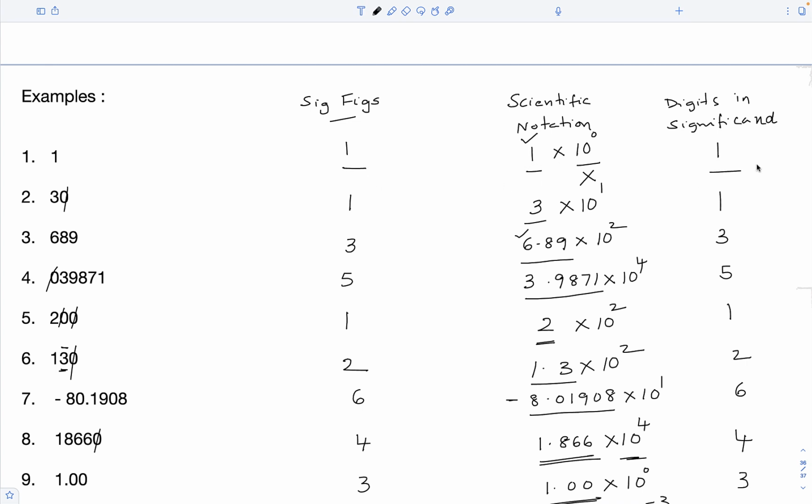That is, the number of significant figures will simply be equal to the number of digits in the significand. So, if it is in scientific notation, to know the number of significant figures, all you have to do is count all the digits in the significand, as simple as that. And it is for this reason we chose this particular place for the decimal point.